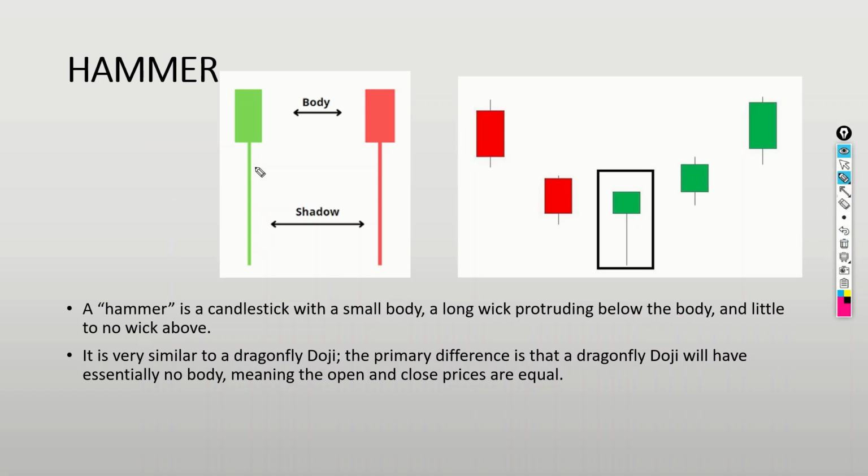It is still a hammer, irrespective of the color. It is very similar to a dragonfly doji, and the primary difference is that the dragonfly doji will have essentially no body, meaning the open and close prices are equal. So this is a hammer, this is a hammer, and this is also a hammer. The color does not matter, it is still a hammer.